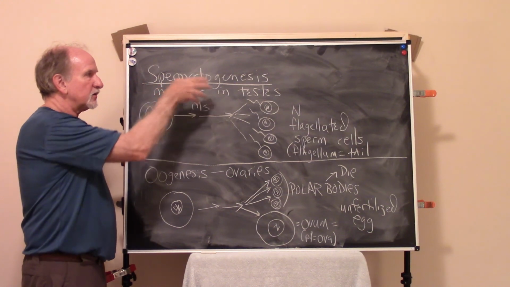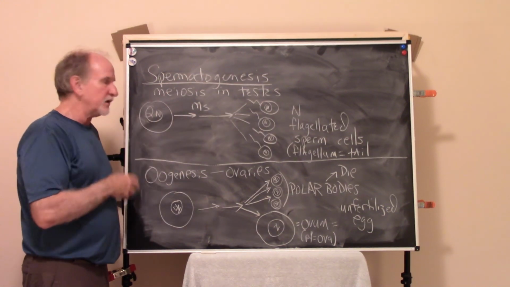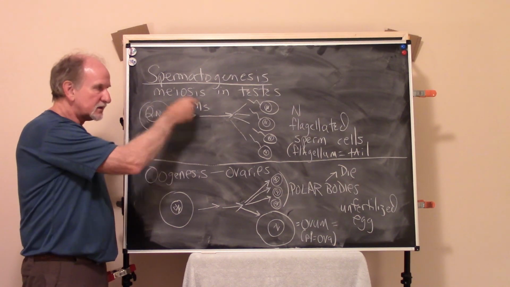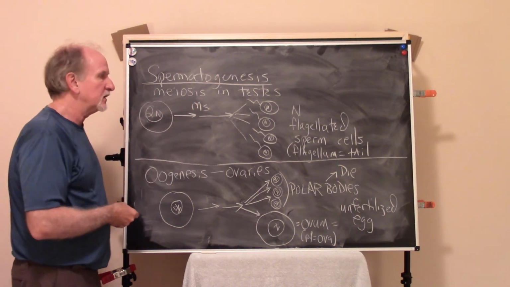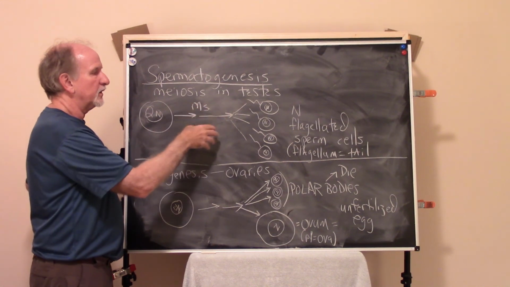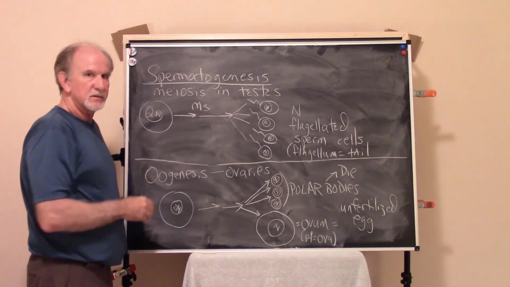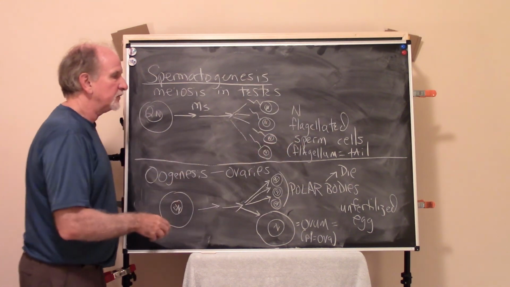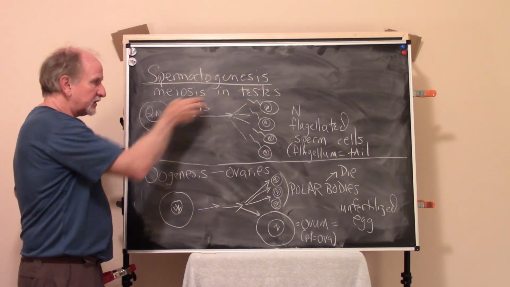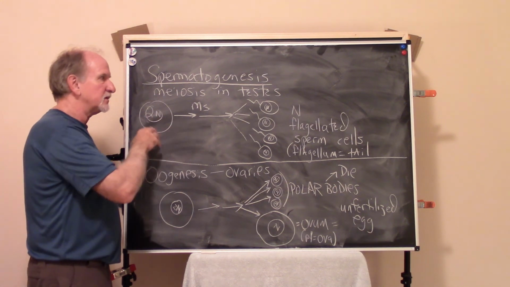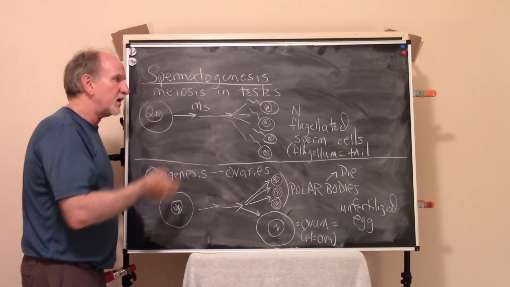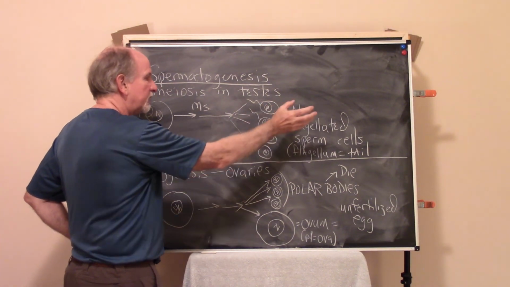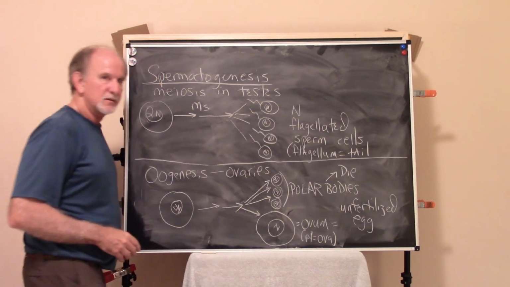So when meiosis occurs in the testes, spermatogenesis takes a germ cell through the stages of meiosis, and we end up with four haploid cells that grow a tail known as a flagellum. And spermatogenesis, as the meiotic process that occurs in the testes of guys, produces four haploid flagellated sperm cells.